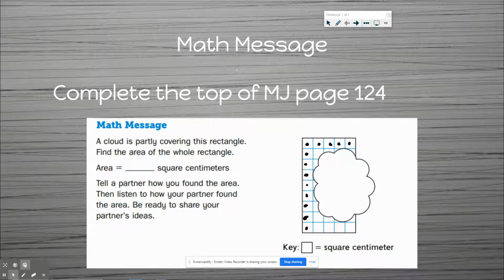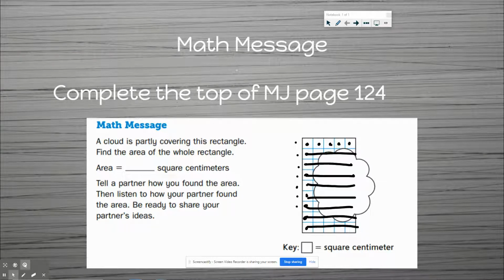Even though I can't see the rest of this rectangle, I am going to be able to know that this has 5, 5, 5, 5, 5, 5, 5, and 5. So if I were to count by 5s, I would have 5, 10, 15, 20, 25, 30, 35, 40, 45. So the answer is 45.